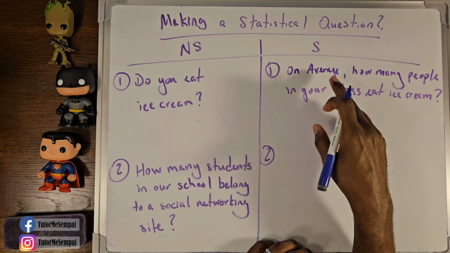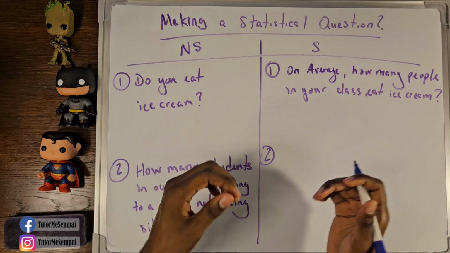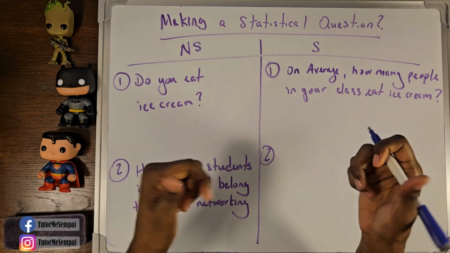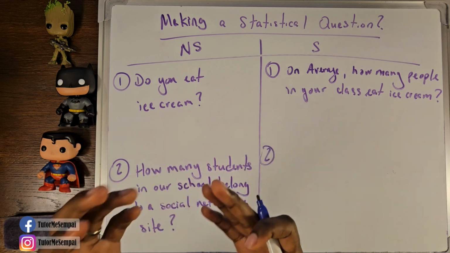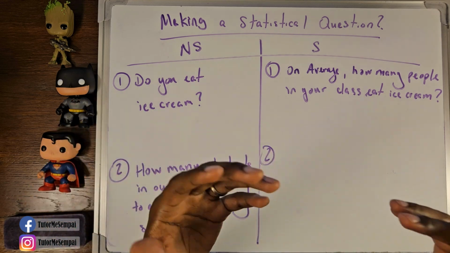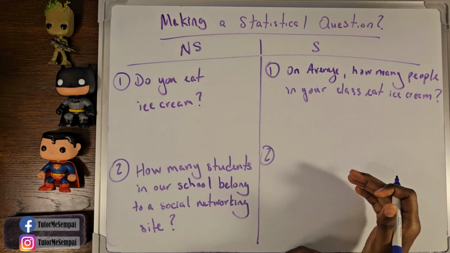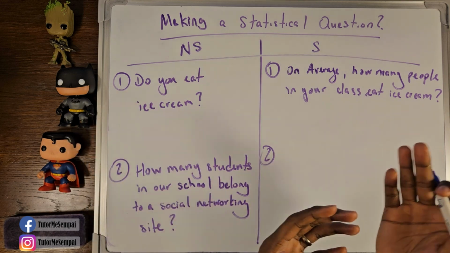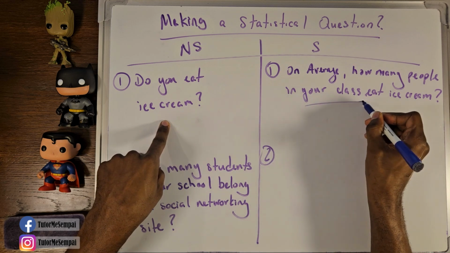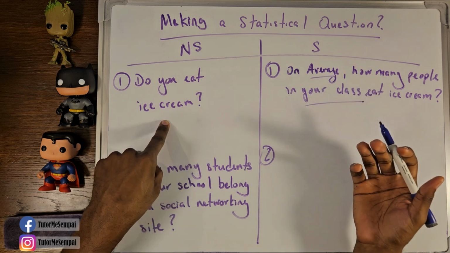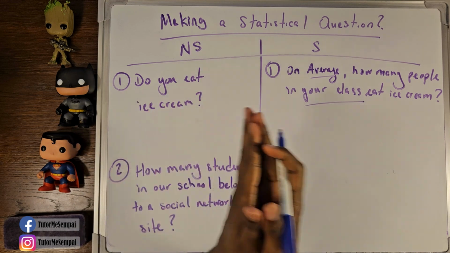You can't find an average without the total sample. So your yeses and your nos are going to be needed to answer this question. Of course, it's going to be all your yeses divided by your total sample, and that's how you get your average, but you're going to need yeses and nos. You change the context. You're looking at your entire class and you're getting the average. That's how you can change this to a statistical question.